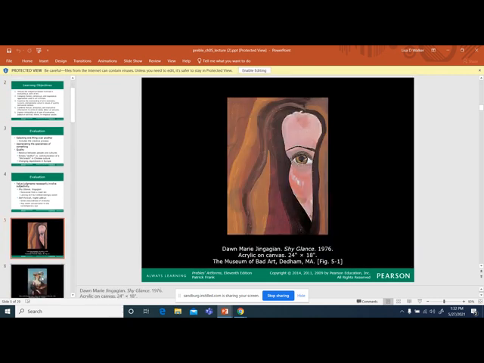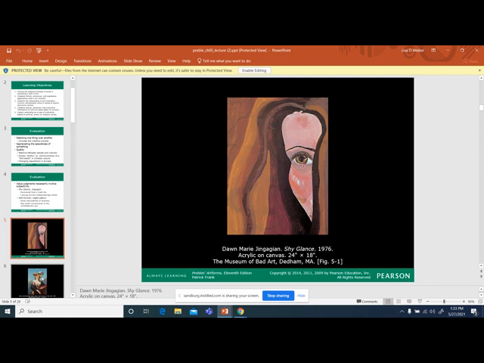First, let's look at this piece. This is Dawn Marie Jingagian, Shy Glance, from 1976. Acrylic on canvas, on display at the Museum of Bad Art. And this is bad art. The balance is off. There is little motion. The hair is placed over the face in the way it is because the artist doesn't know how to create the proportions and the shapes to make the face work.